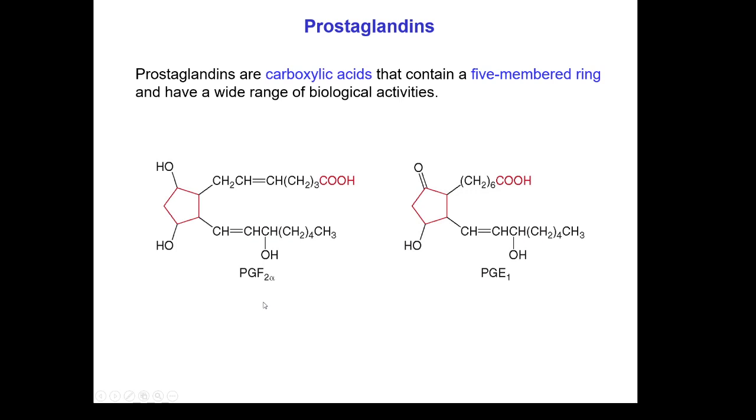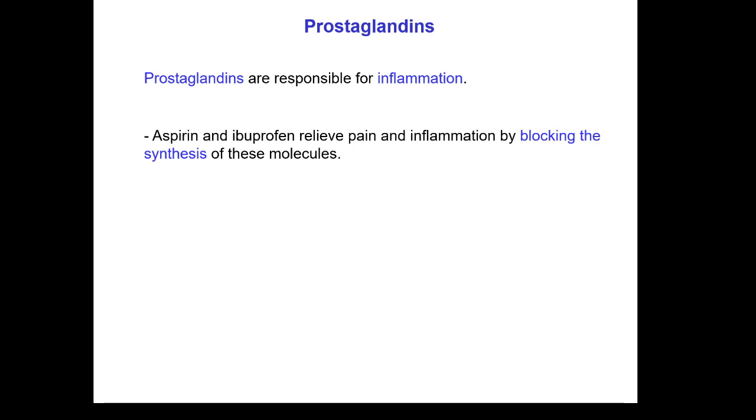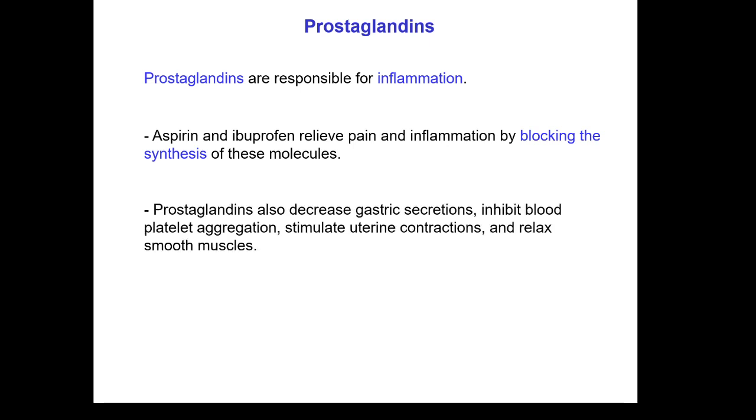So prostaglandins are carboxylic acids with 5-member rings. And they do a lot of things depending on the area in which they were produced. They're very potent; if they're coming to do their job, they're going to do their job plus. They are there as a response to inflammation.